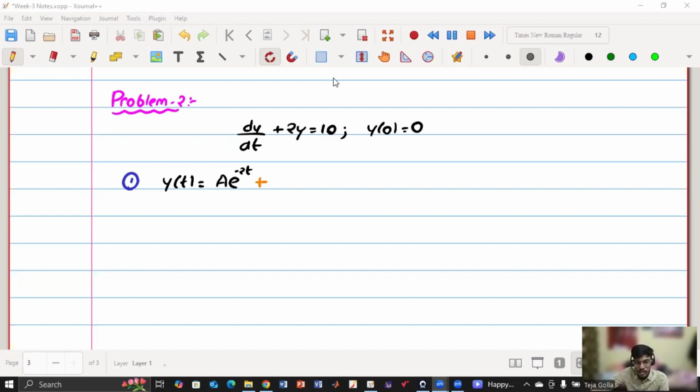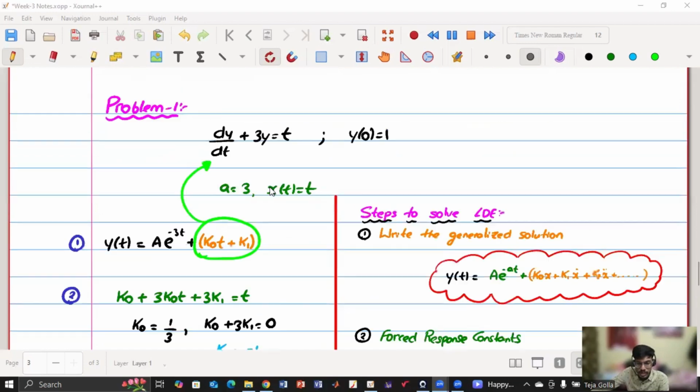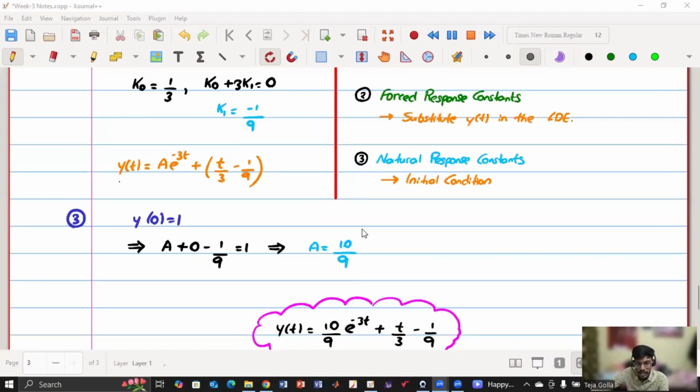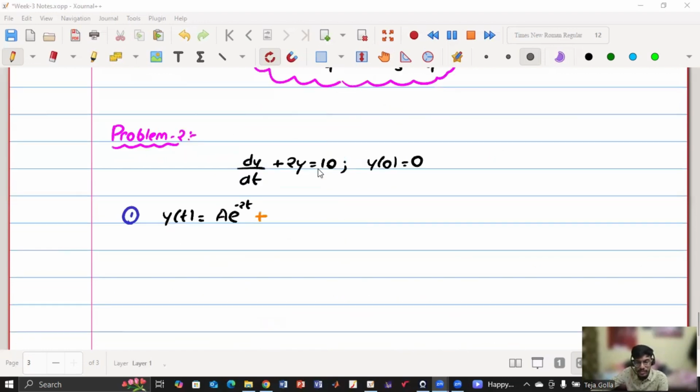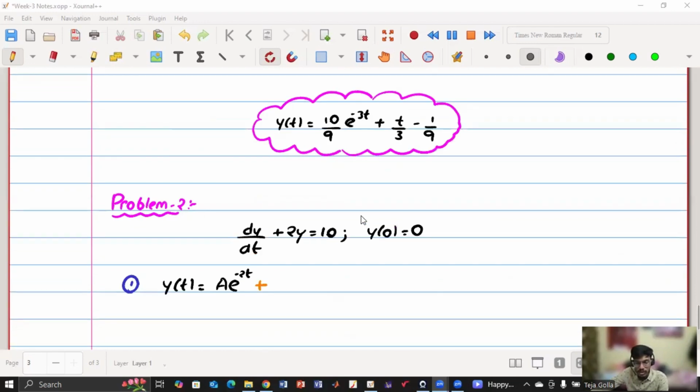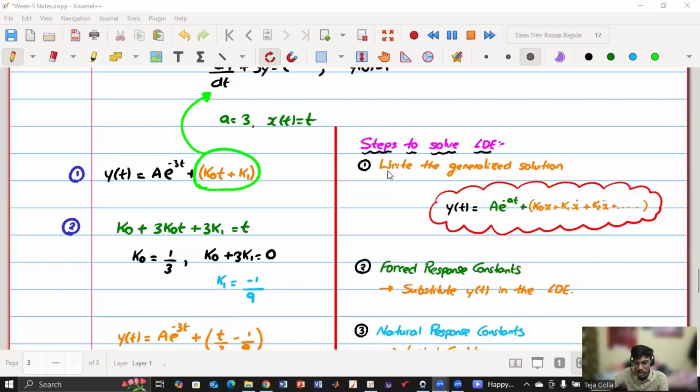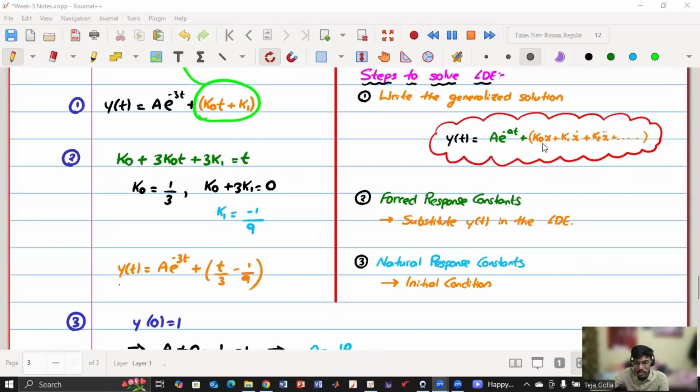K naught t plus K1. Okay, but is the x of t same here and there? Before, x of t was t, so we got K naught t plus K1. Here x of t is 10, so it is K naught into 10 plus K1. Or K1 maybe is 0, because the derivative is 0. So only K naught into 10, other terms are 0.